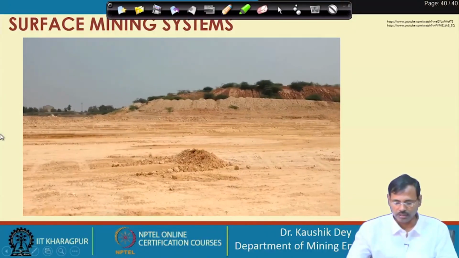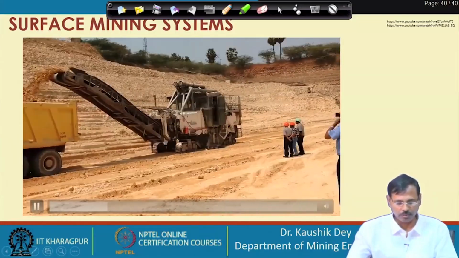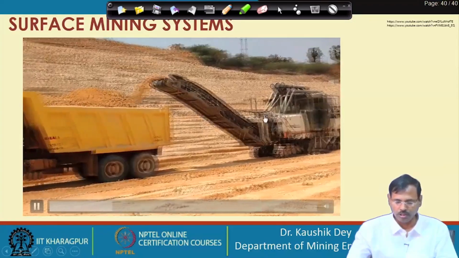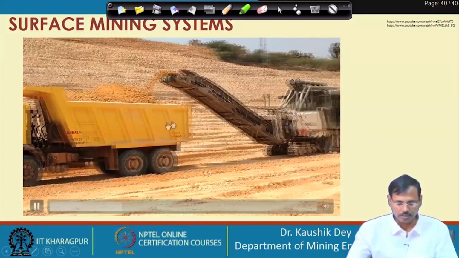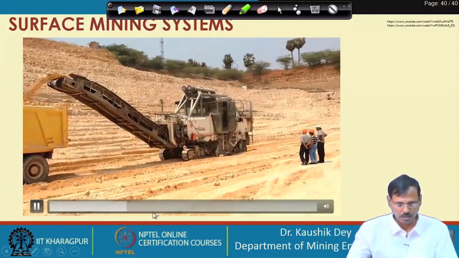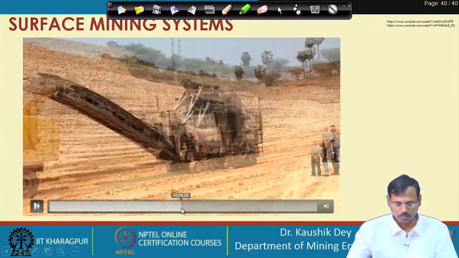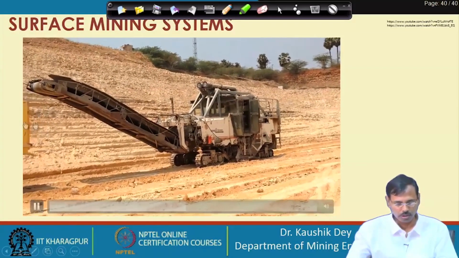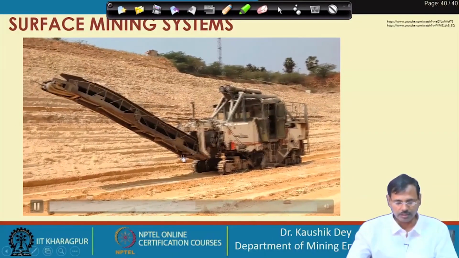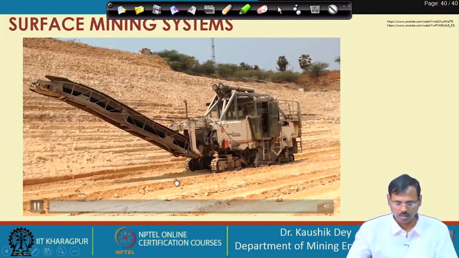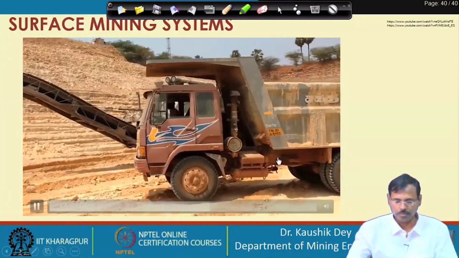So, whenever this excavation is complete, this is a limestone quarry, the second dumper will come and replace this dumper. So, you can see the first dumper is filled and the next dumper is coming. See, this next dumper has come.